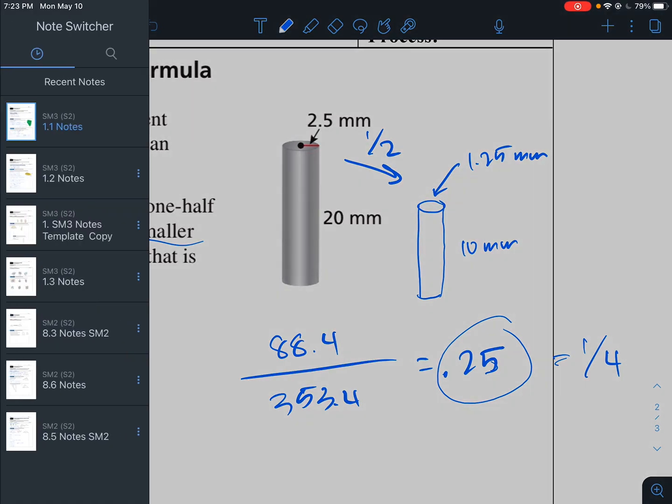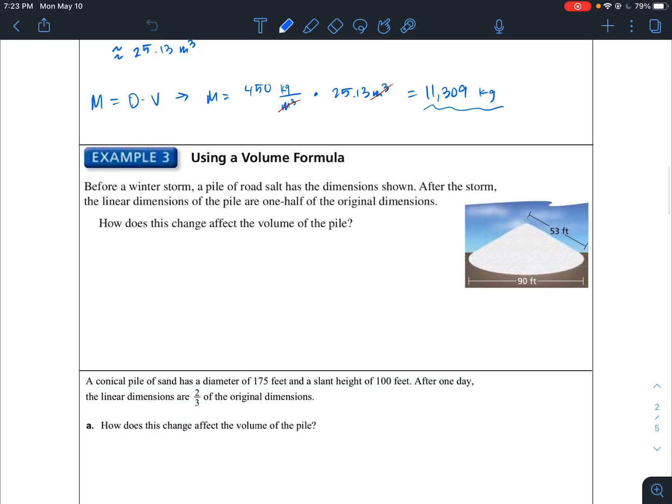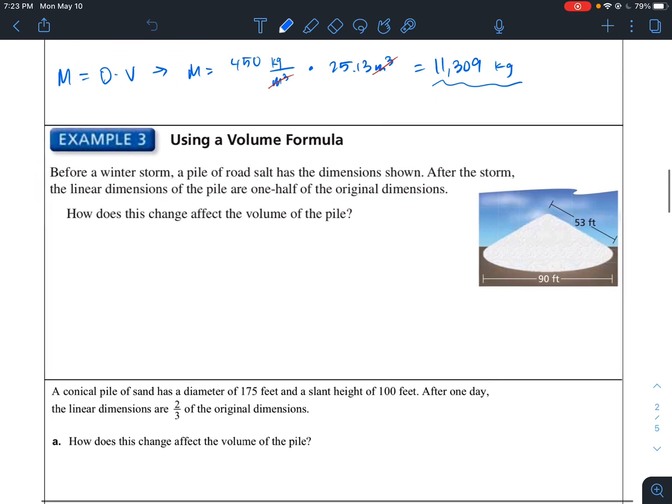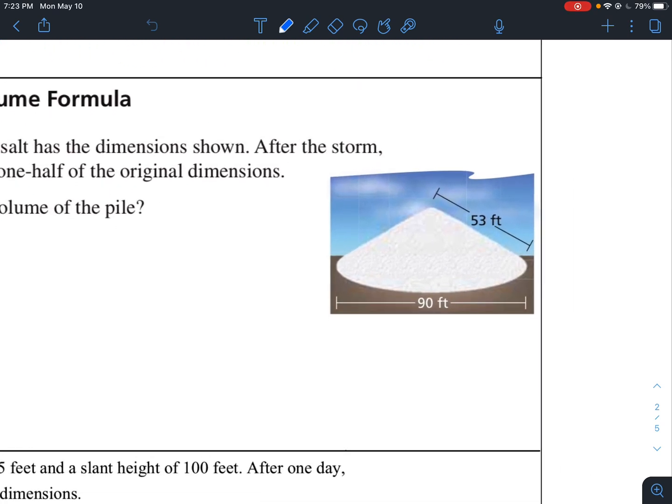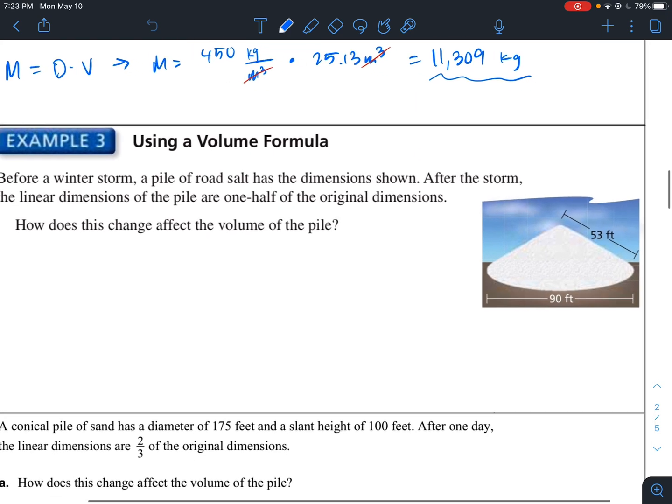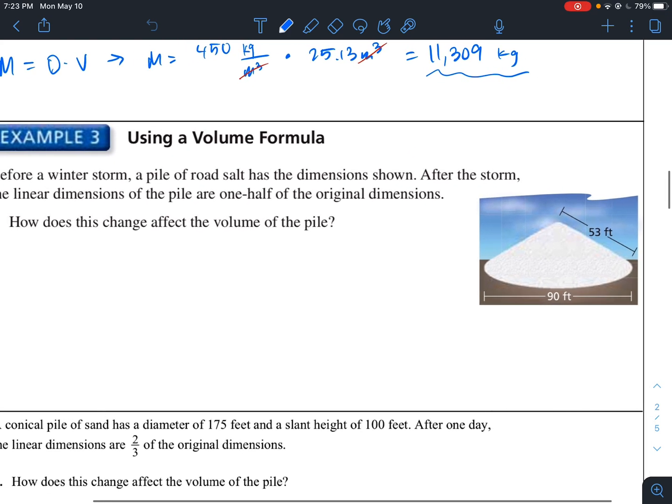So we're going to see if the same thing applies with volume. Okay, so it says here, before a winter storm, a pile of road salt has the dimensions shown. After the storm, the linear dimensions of the pile are 1/2 of the original dimensions. Okay, so how does this change the volume of the pile?